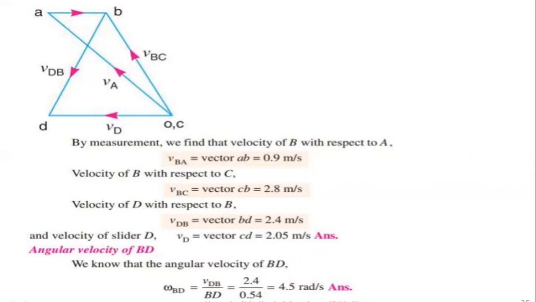Next, we need to find the velocity of the slider D, that is from point C. So this is the slider velocity VD, taking the CD position. By measurement, it is obtained as 2.05 meters per second.